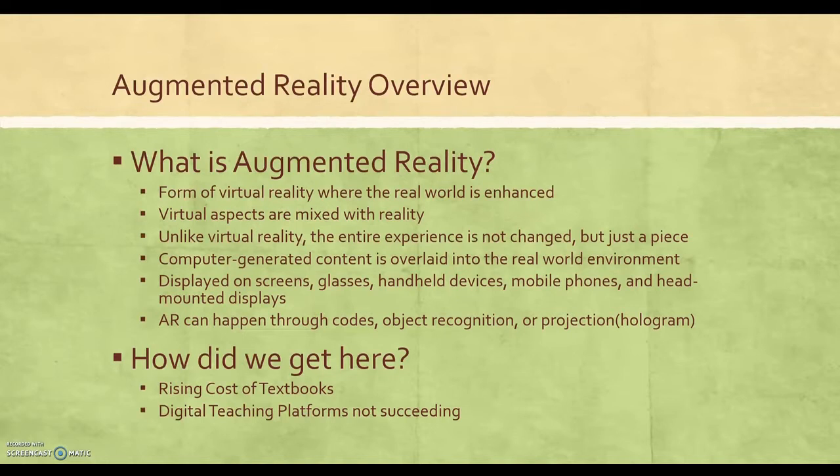The problem with digital teaching platforms was that they were not necessarily engaging enough for the students. And many times they had to be used at the same time as the textbooks, especially for college students. College students had to purchase the textbook and the access code. So it became a double cost.